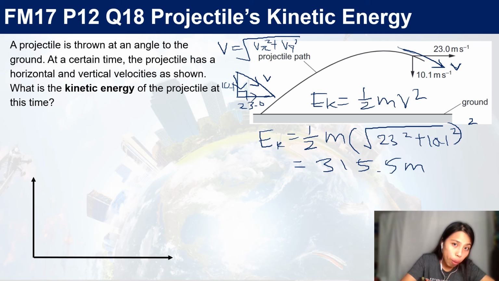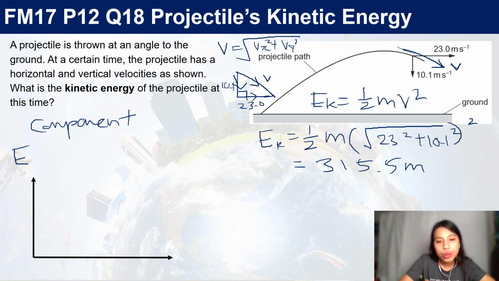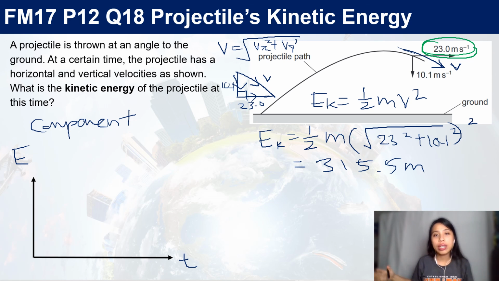So let's break it down into components first, so we can think about each component separately. So components in, let's say, time. You can do it in terms of distance also. Let's look at the horizontal one first. So horizontal velocity, okay, I'll use green color. Now the horizontal velocity, remember, for the projectile does not change.